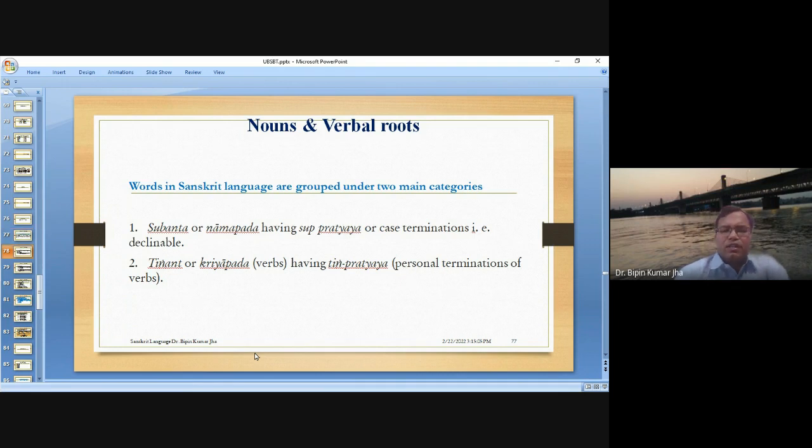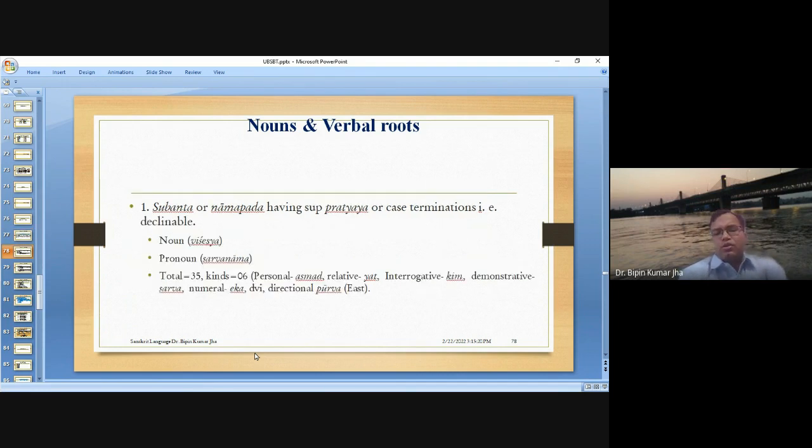Regarding the first one, subanta or noun pad, it includes not only nouns but also pronouns. There are 35 pronouns which you can divide in six different categories in Sanskrit grammar.